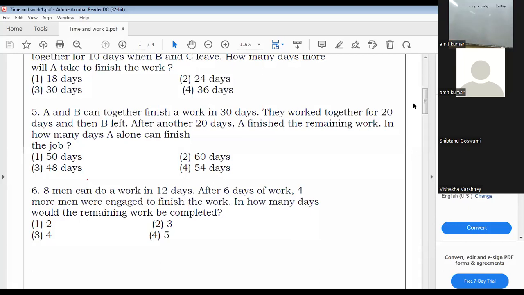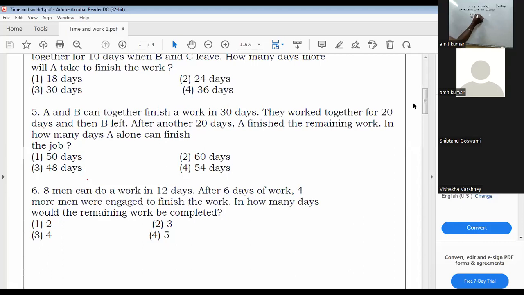How much fraction of work was completed in 20 days? 20/30 of the work was completed. So that will be 2/3.